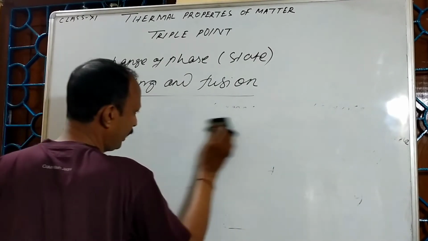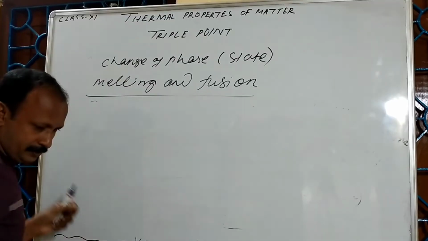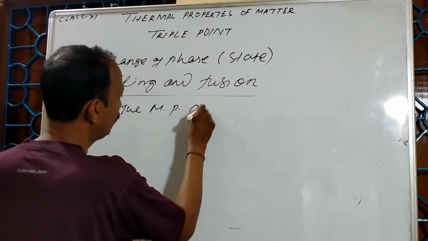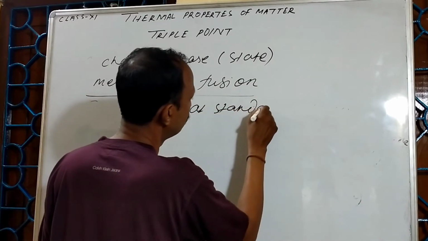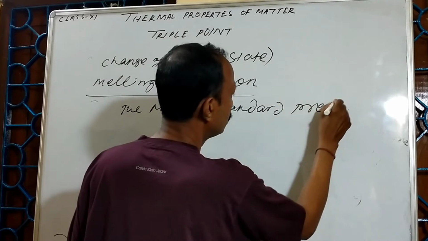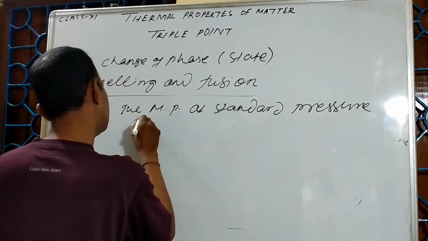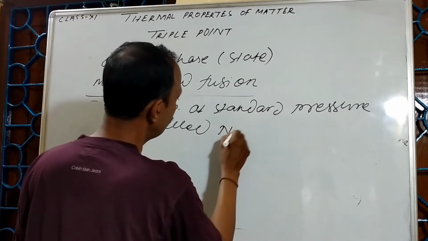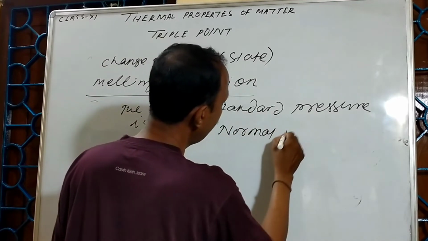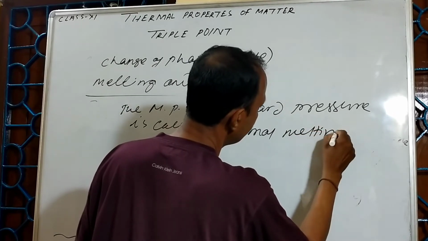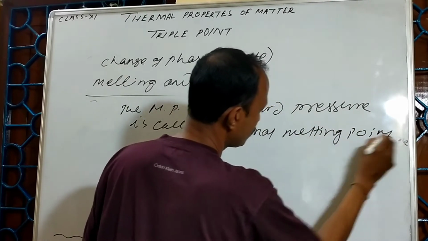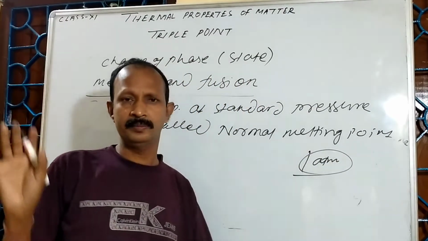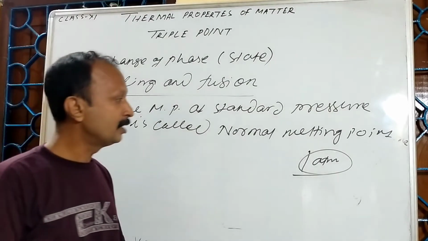The melting point at standard pressure is called normal melting point. Standard pressure means that is the 1 atmosphere pressure, we say standard pressure.